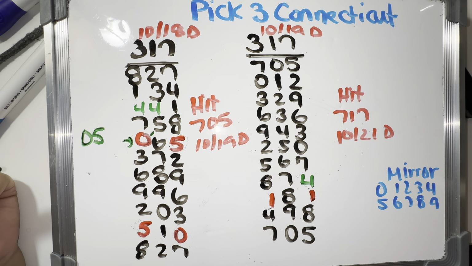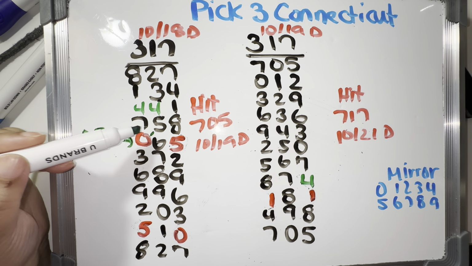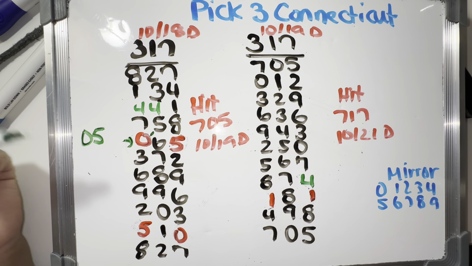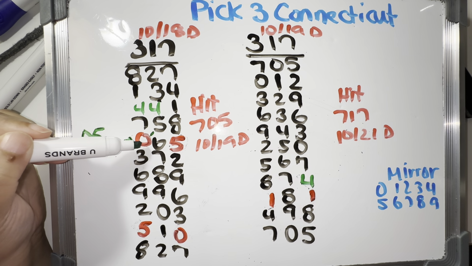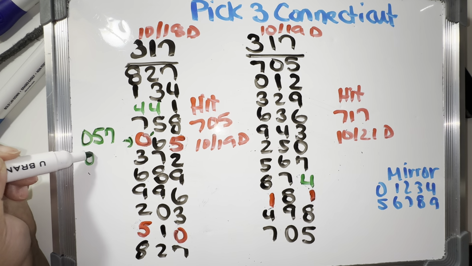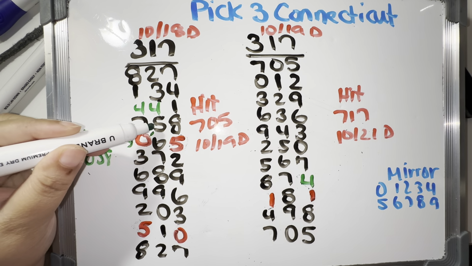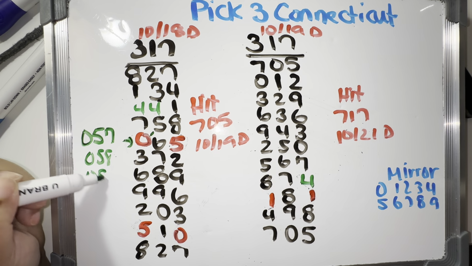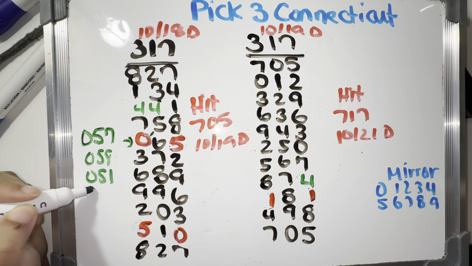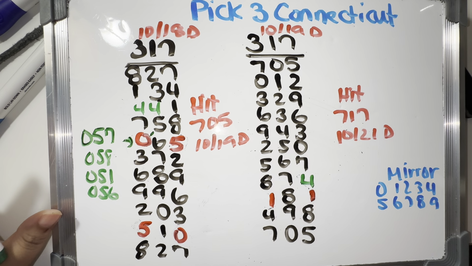What I've been looking at as far as this pattern is, you're going to literally connect the other numbers around it. So whatever touches it: 0, 5, 7 could be something, 0, 5, 8, 0, 5, 1, maybe 0, 5, 6, and you could do other numbers, right? We don't want to get too crazy with it.